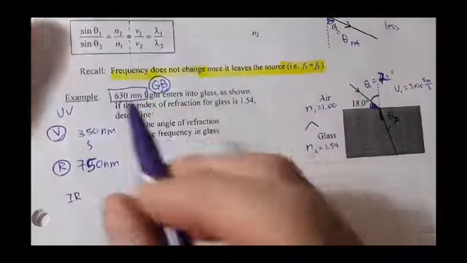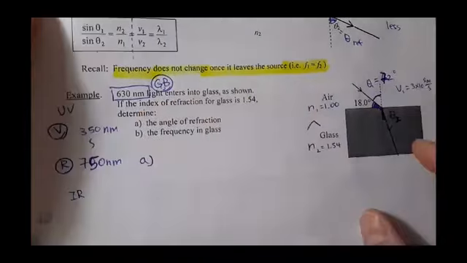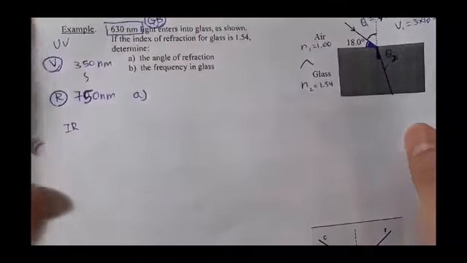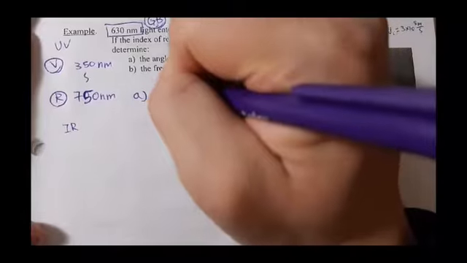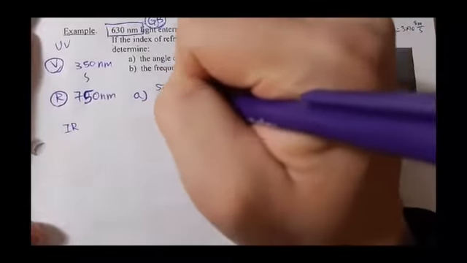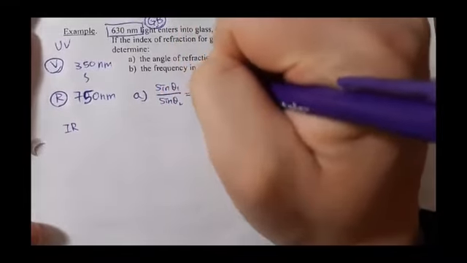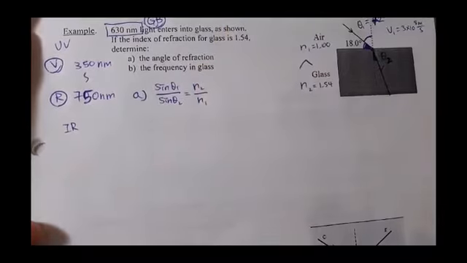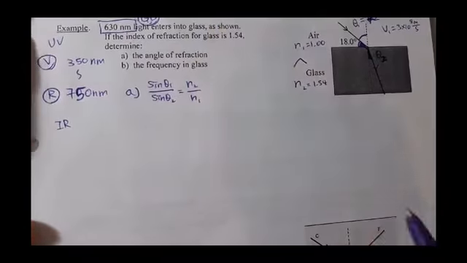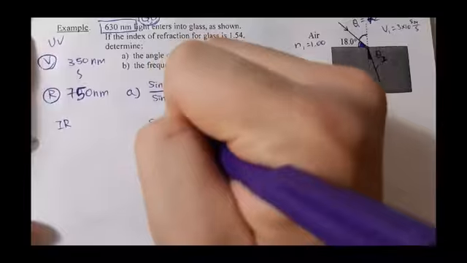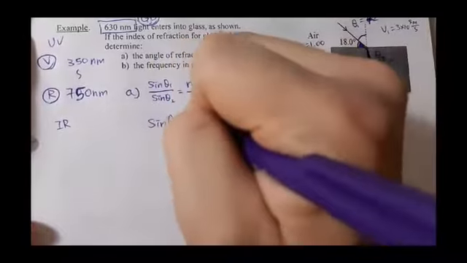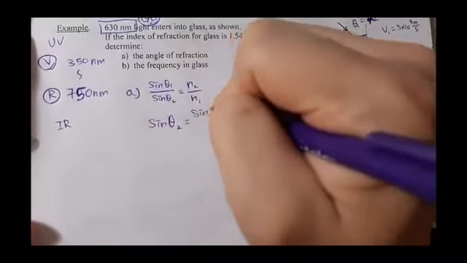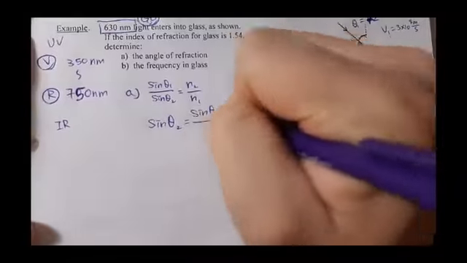So I'm going to use the sine and n part of the formula: sine theta 1 over sine theta 2 equals n2 over n1. And I'm going to isolate everything. Sine theta 2 is equivalent to sine theta 1 times n1 over n2.